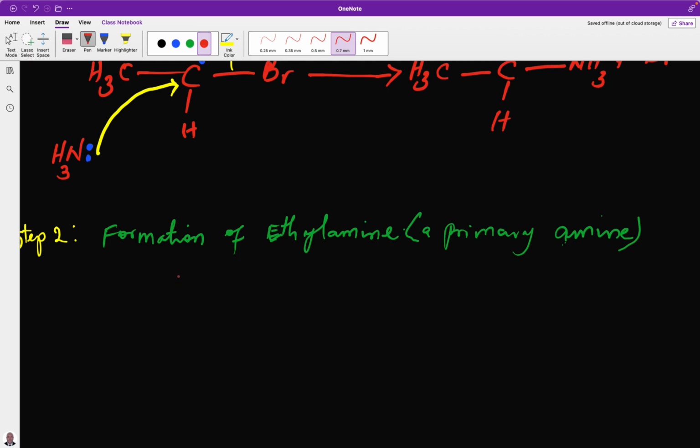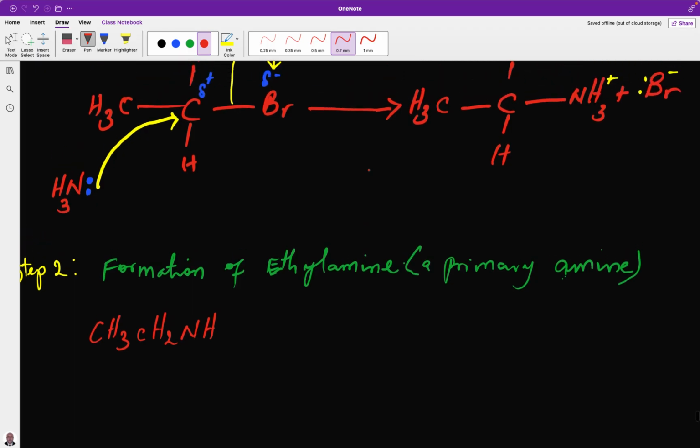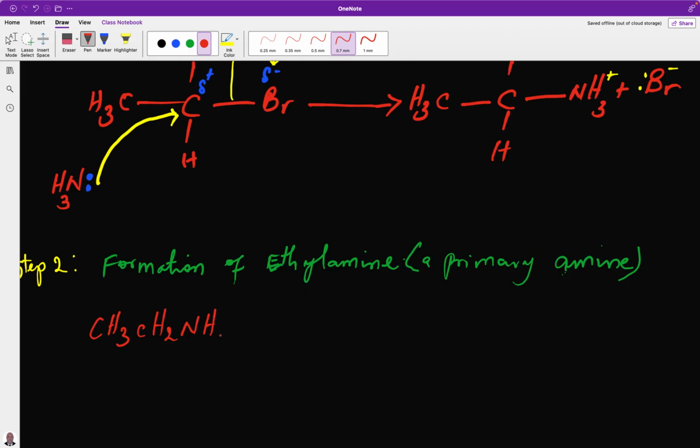Bromoethane, CH3CH2Br, plus NH3, the ammonia, will give CH3CH2NH2 plus NH4Br, ammonium bromide.